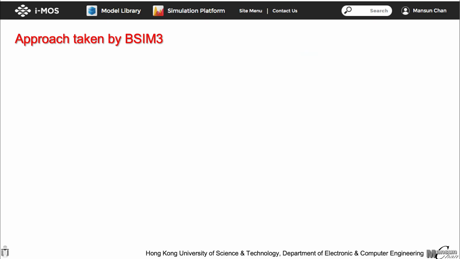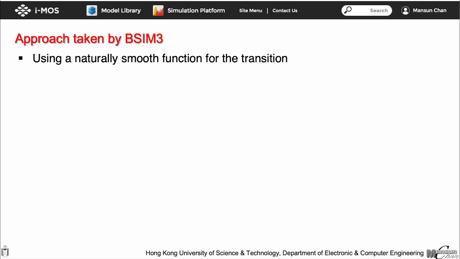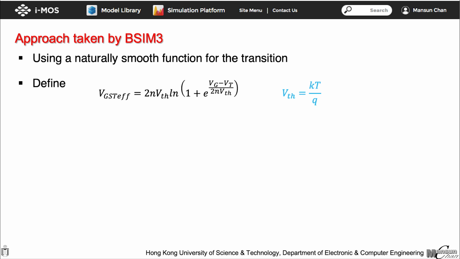In BSIM 3, a naturally smooth function that transits from exponential to polynomial dependence on the running variable is used to achieve the smooth transition. It defines a variable called VGST effective, given by the expression here, where VTH is the thermal voltage, kT over q, and N is the ideality factor.